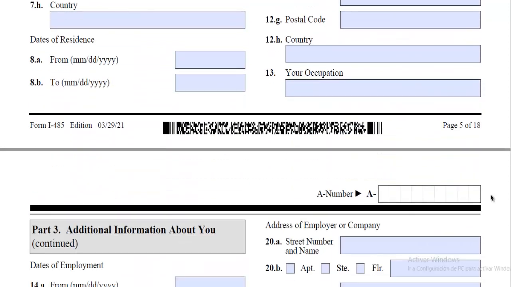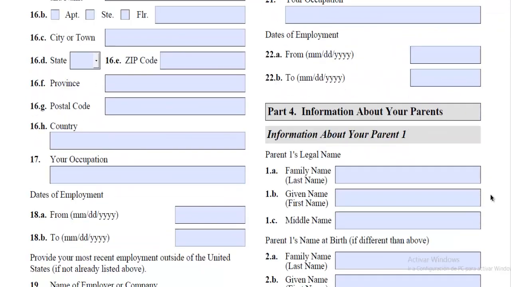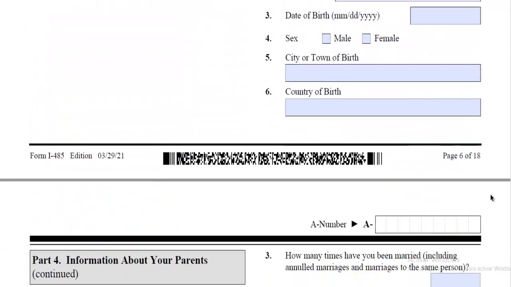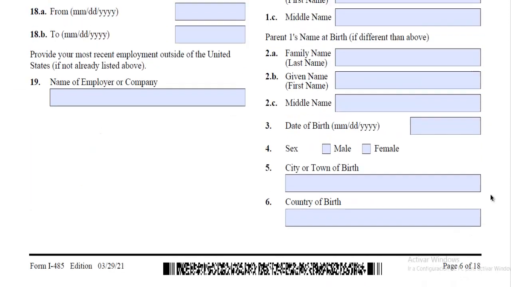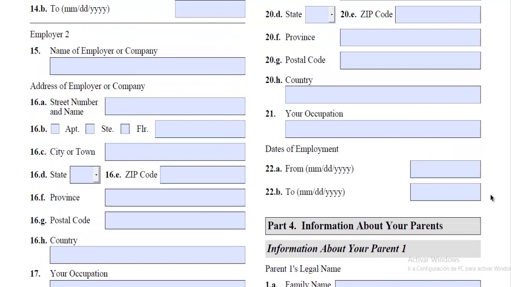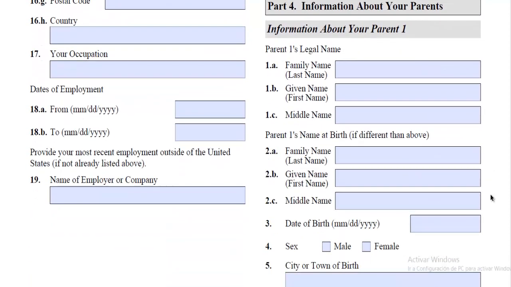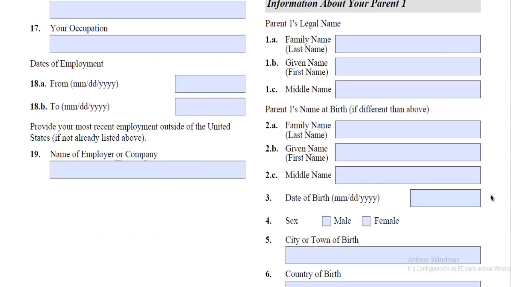In part 4, which is information about your parents, let's go to part 4. This asks for basic information again, for background check purposes. So you will enter parent 1's legal name, and parent 1's name if they changed it after birth.